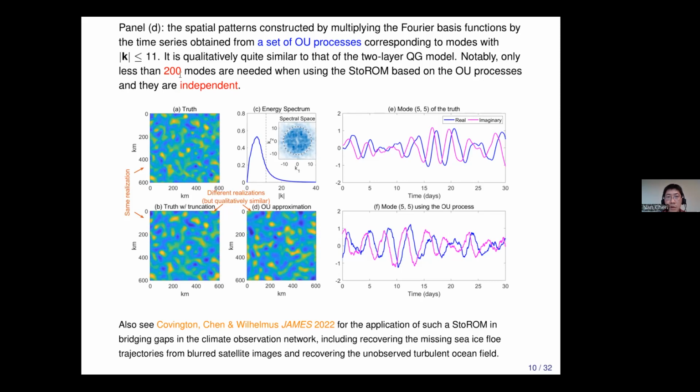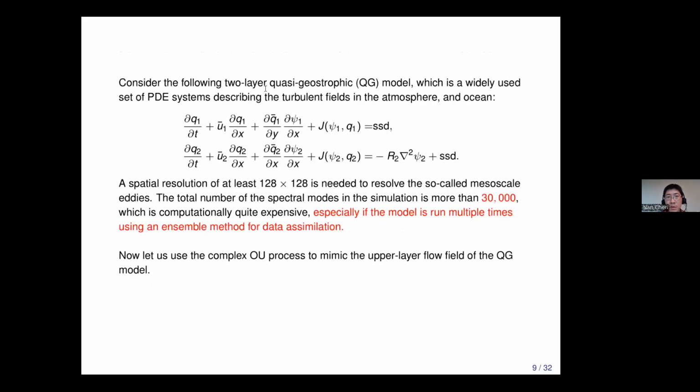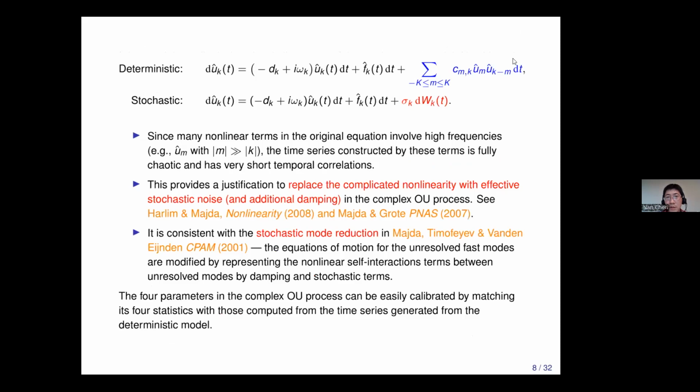But one thing I really want to highlight is that for this panel D, I only keep 200 modes. And each of these 200 modes is just a simple stochastic equation. If you use 200 modes for the deterministic model, you still need to spend a lot of calculations here. But now I just use a constant times Gaussian noise.